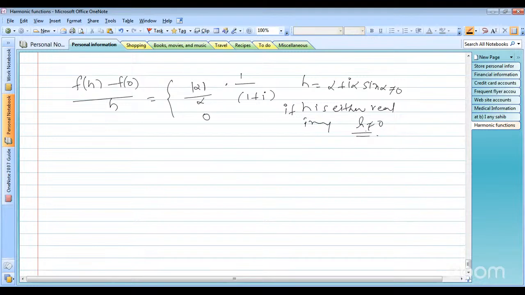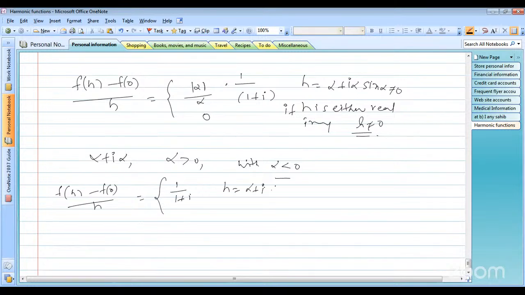Since any open disk we take with center at 0 contains numbers alpha plus i alpha with alpha greater than 0 or alpha less than 0, f of h minus f of 0 by h is 1 by 1 plus i when h is alpha plus i alpha and alpha is greater than 0, and minus 1 by 1 plus i when h is alpha plus i alpha with alpha less than 0.